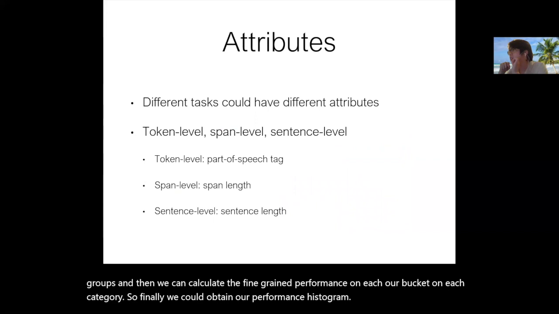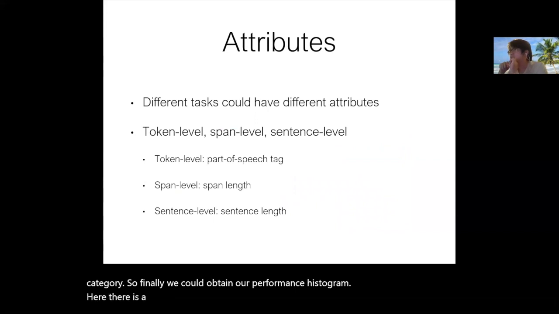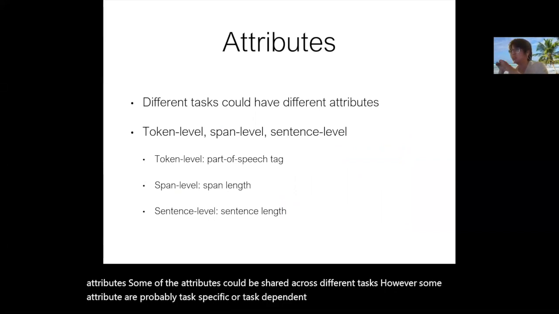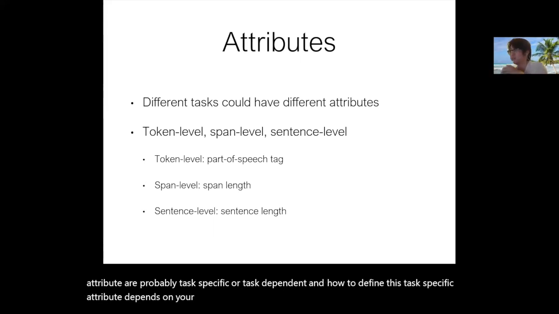Here is a side note on the attribute: different tasks could have different attributes. Some attributes could be shared across different tasks. However, some attributes are task specific or task dependent, and how to define them depends on your deep understanding of the task.